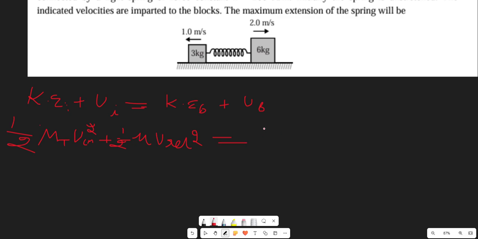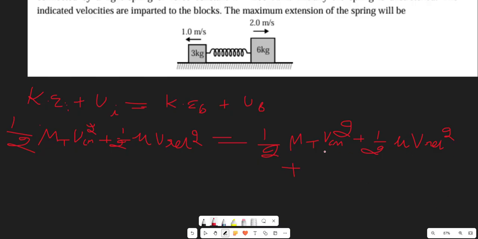Kinetic energy final will be half m total VCM square plus half mu V relative square. This is the final kinetic energy of the system.